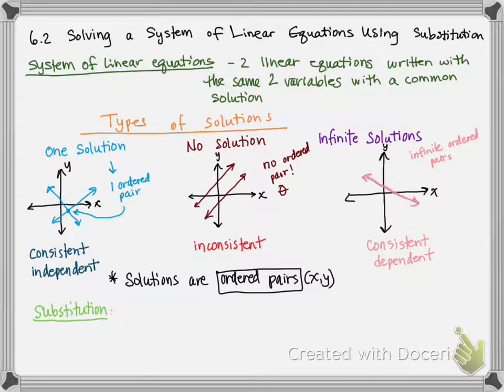So with substitution, we're going to be replacing a variable with an equivalent value. Now in this case, it's just not going to be a direct exchange with the variable and a number.